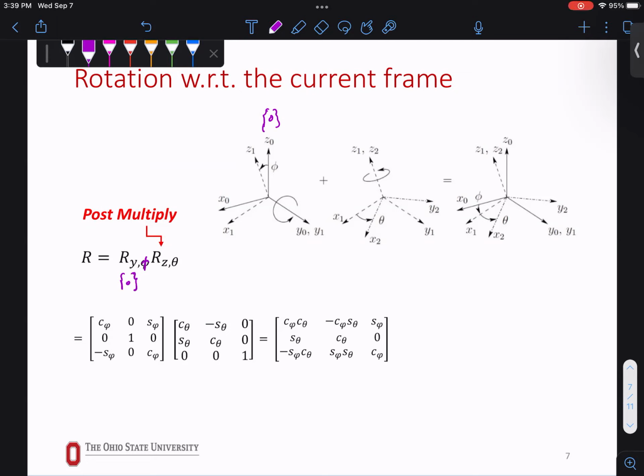The first rotation is about axis y and angle theta. Then my second rotation is about the current z frame, z1. So I'm rotating about z1 by theta. So this is frame 1, and I keep post multiplying them, right? At the end, when you multiply all of them, it gives you your final rotation.